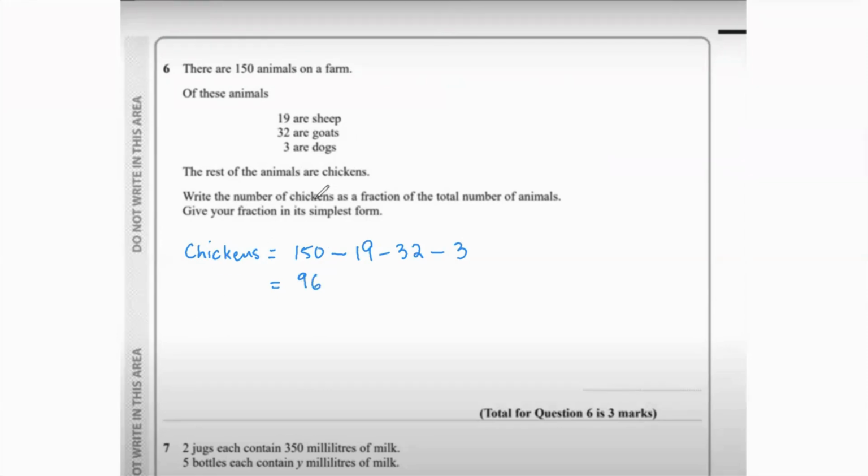So to write the number of chickens as a fraction of the total number of animals, that's going to be 96 over 150. Now let's simplify this. 96 and 150 both come in the 3 times table. So that's going to be 32 over 50. 32 and 50 both come in the 2 times table. So that's 16 over 25. We can't simplify this further, so your fraction is 16 over 25.